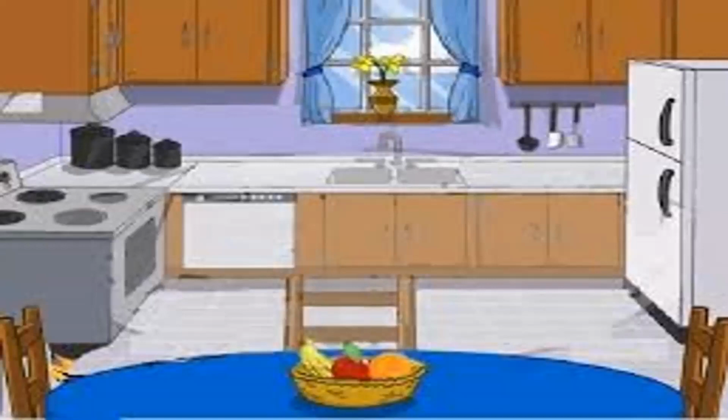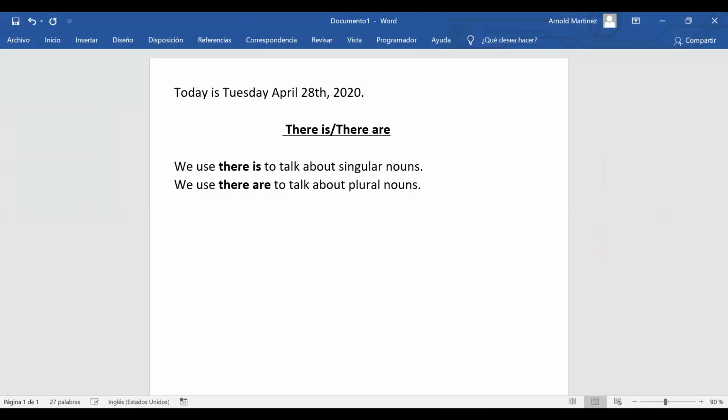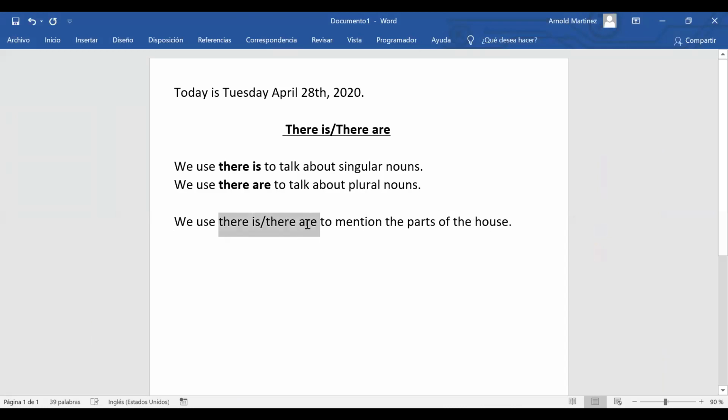So today, how do we apply this? Simple. We use there is, there are to mention the parts of the house.